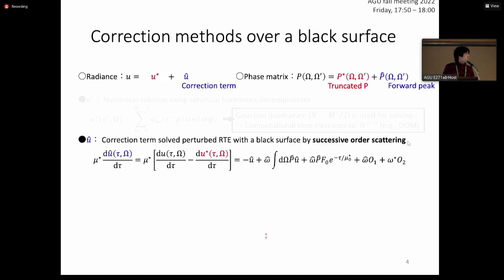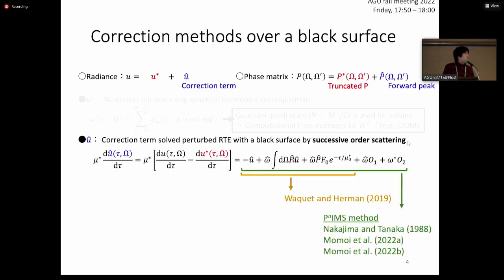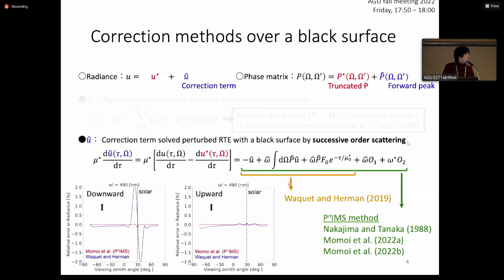One paper worked on Ehrman, used in the truncational space, and another is based on Nakajima and Tanaka. Recently, two papers for polarization radiative transfer and 3D radiative transfer take into account every component of this perturbation radiative transfer. And using this correction method, we can reconstruct the radiance field.